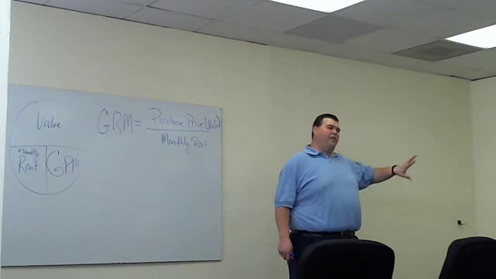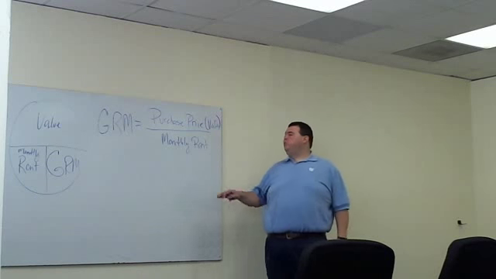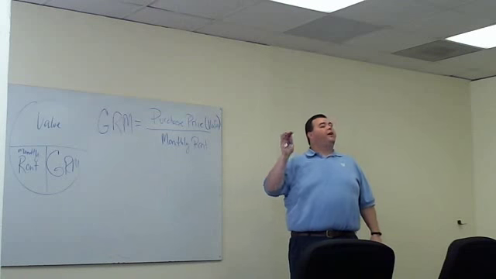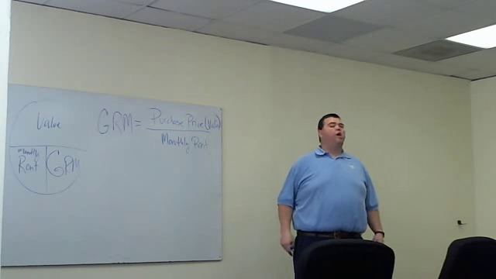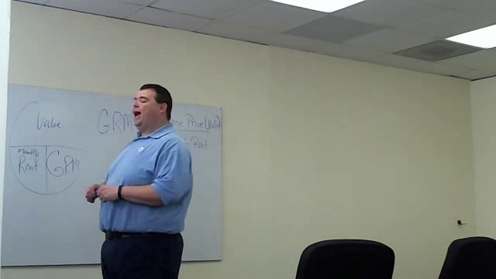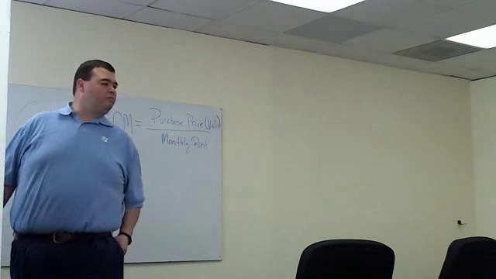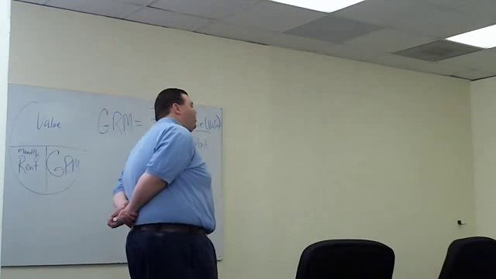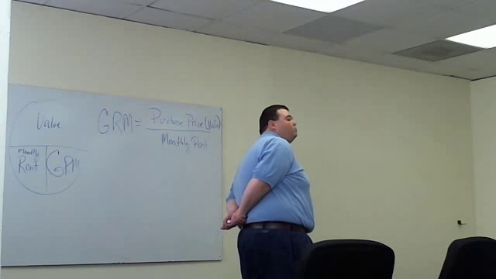Does everybody kind of follow that? With gross rent multipliers, we're using monthly rent, not net operating income like with cap rates. So let me tell you how an investor looks at it. I have an investor who's told me he'll buy any residential property with a gross rent multiplier of 100 or lower.